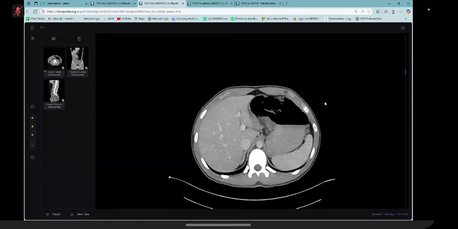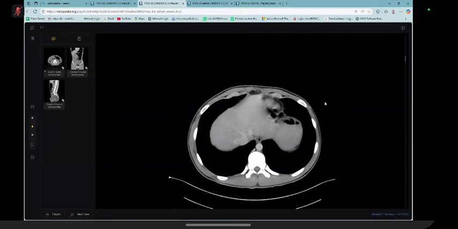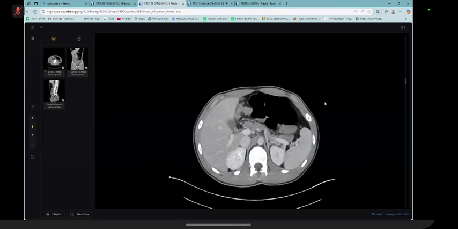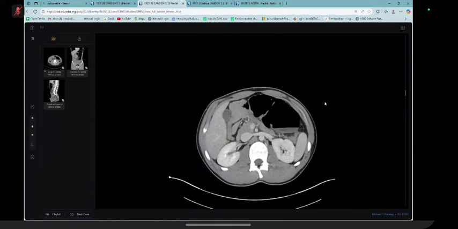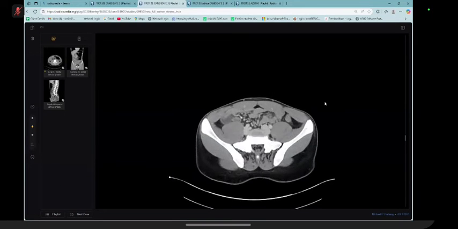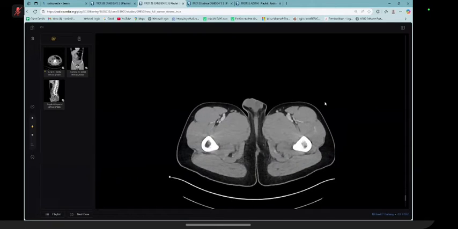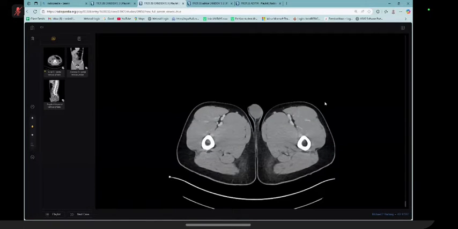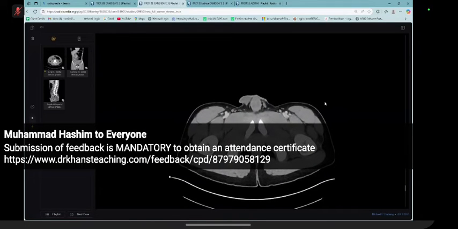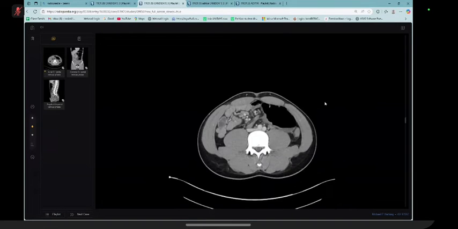This is an axial cut CT abdomen, portovenous phase, for the same patient, for the lower chest and abdomen. While I scroll, I will go back to the area of interest as it is the main concern for me.